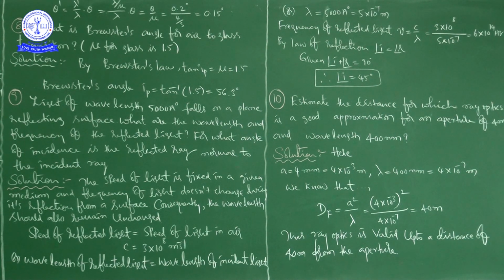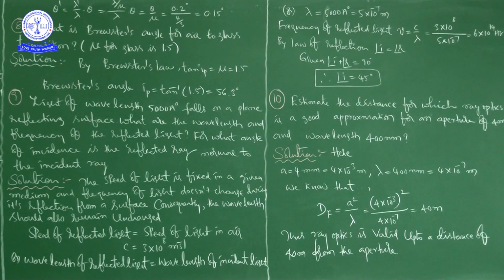The first law of reflection is angle of incidence is equal to angle of reflection, and the second law of reflection is that the incident ray, normal and reflected ray lie in the same plane. It is a conceptual thing. For example, for a plane reflecting surface, this is the incident ray, this is the reflected ray, and this is the normal, right?